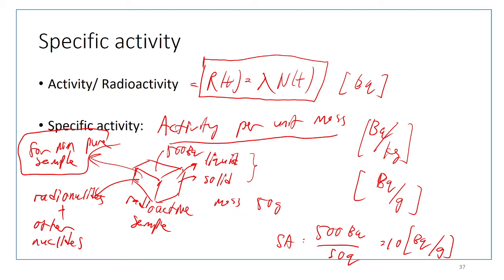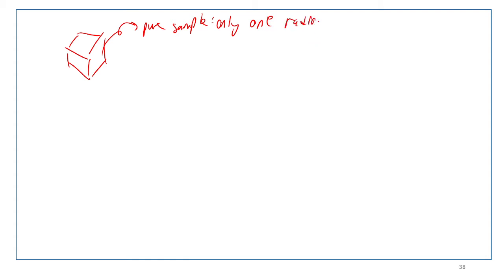But what if the constituent of the sample is pure, meaning that there's only one radionuclide, only one nuclide species, one type of radionuclide. So let's say you have thorium, the sample consists of 100% thorium.